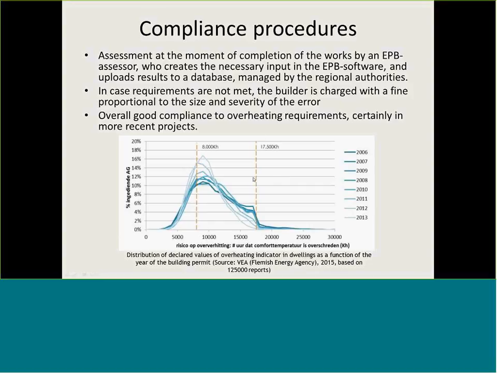You also see the maximum requirement of 17,500 Kelvin hours, and the lower threshold below which the probability of installing cooling is equal to 0. So as you see, only a limited number of reported projects do not meet this overheating requirement. In more recent projects, you see that the overheating indicator, for instance, in 2013, achieves lower values than 10 years ago in 2006.